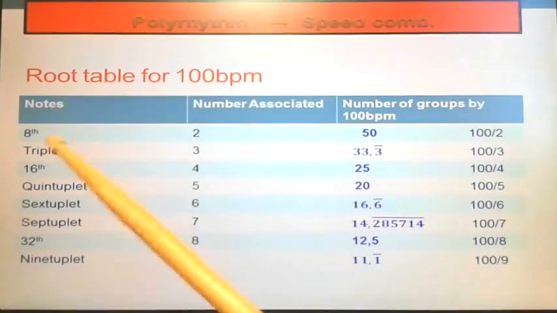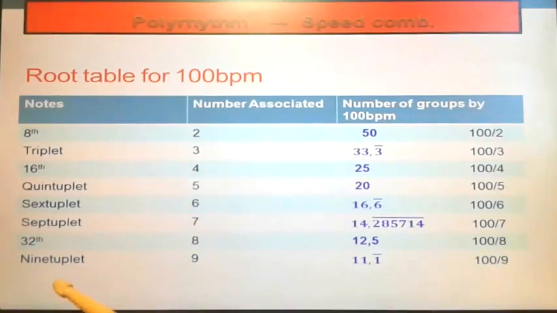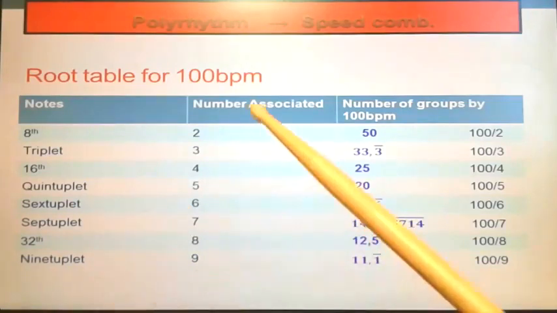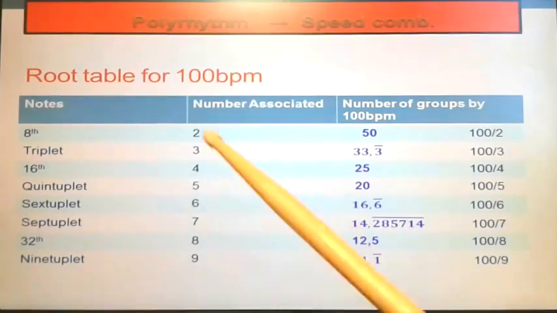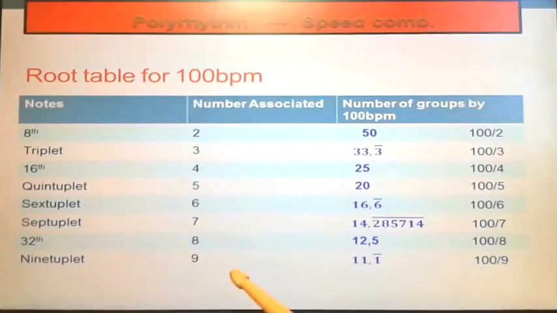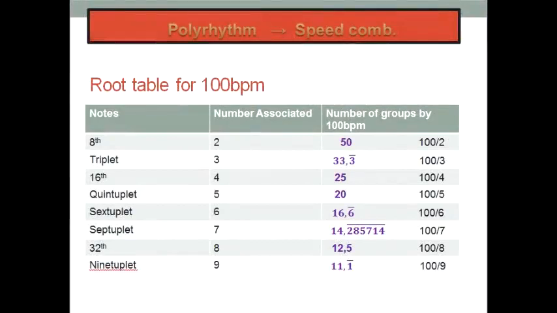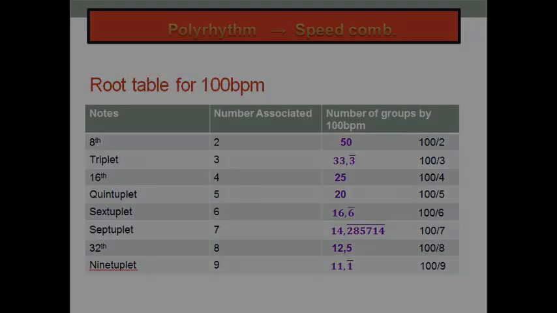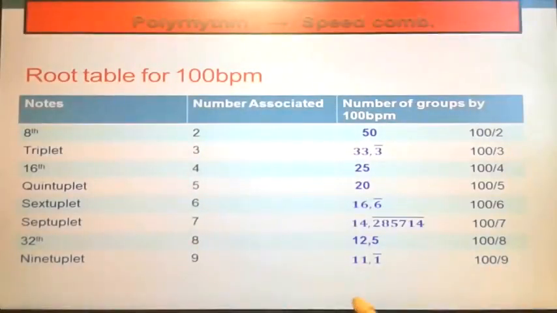So we have from 8th notes until 9 triplets. And we assigned a number: 2, 3, 4, 5, 6, 7, 8, and 9. What we do is divide 100 by each of these numbers, obtaining these values. So this is the table we are going to base our creation of polyrhythms on.